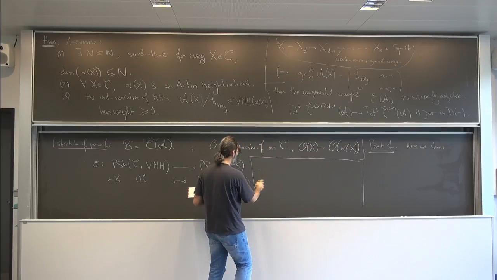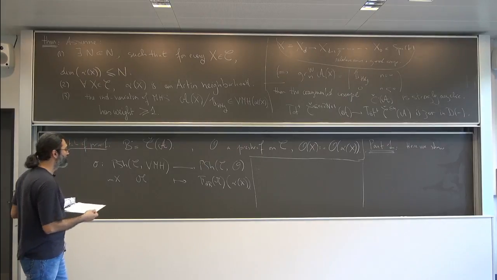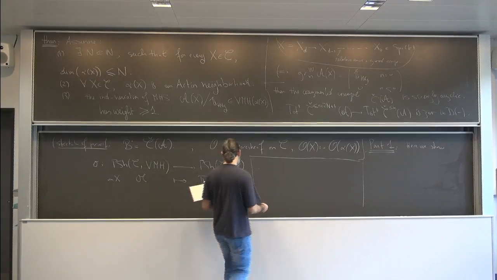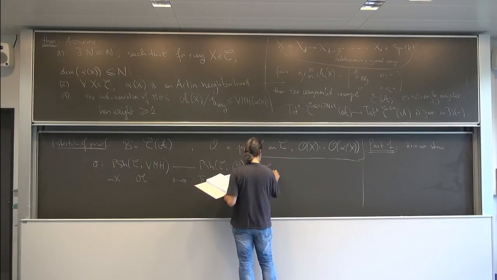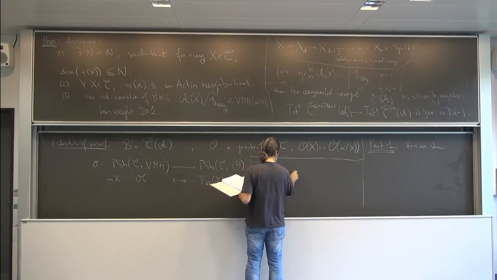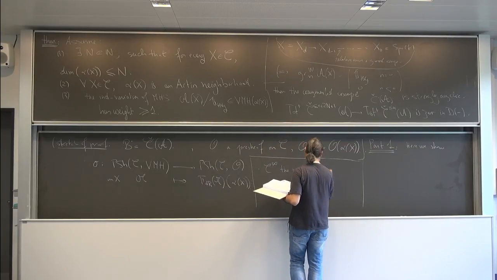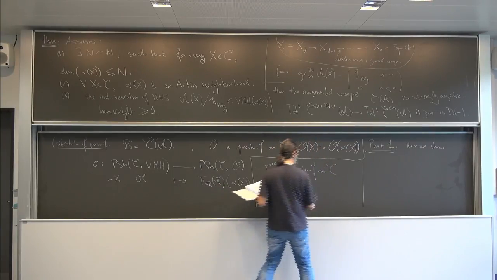So I will need to consider not only algebraic functions, if you want, but also C infinity functions. So I'll denote C infinity the pre-sheaf, again on C. Oh, there are two C now.